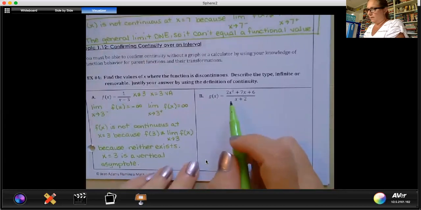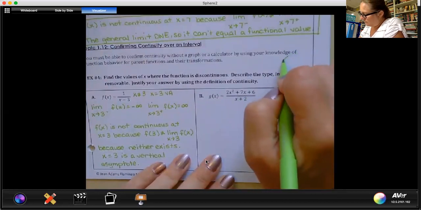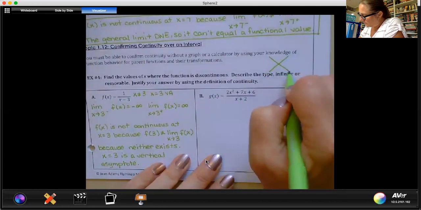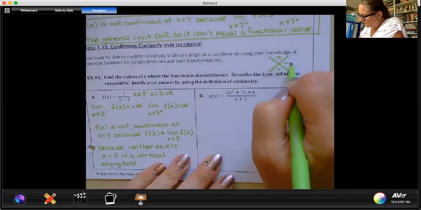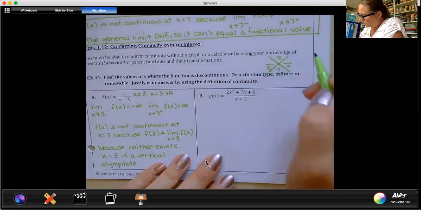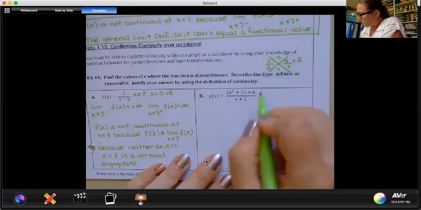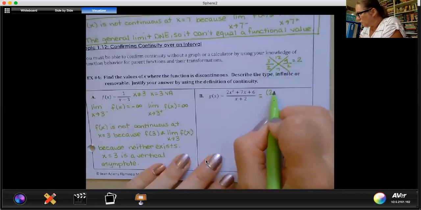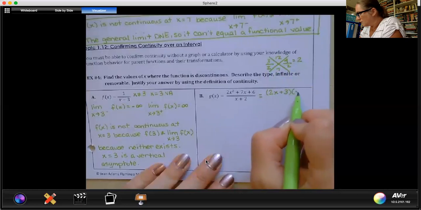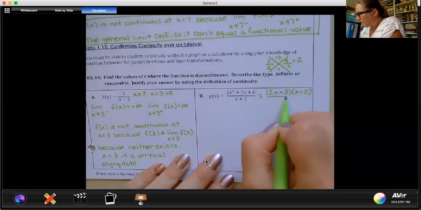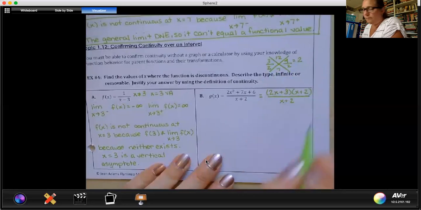We're going to start part B by doing our X method, factoring on the top. 12, 7, division by 2, 3 and 4, simplifies to 2. So this is going to equal 2x plus 3x plus 2 over x plus 2.